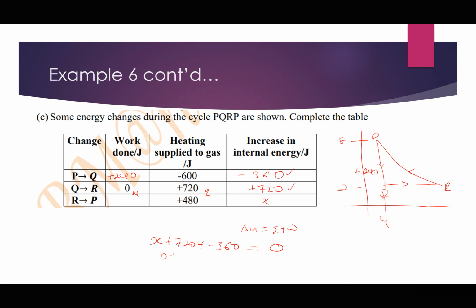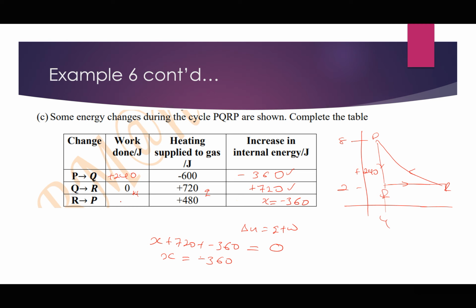So X will be equal to negative 360. Is it negative 360? Total change should be 0, so 720 minus 360. Yeah, X is going to be negative 360 joules.